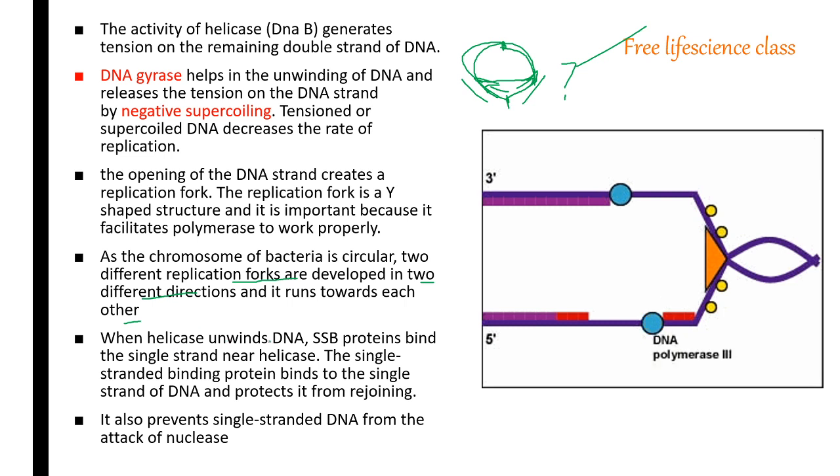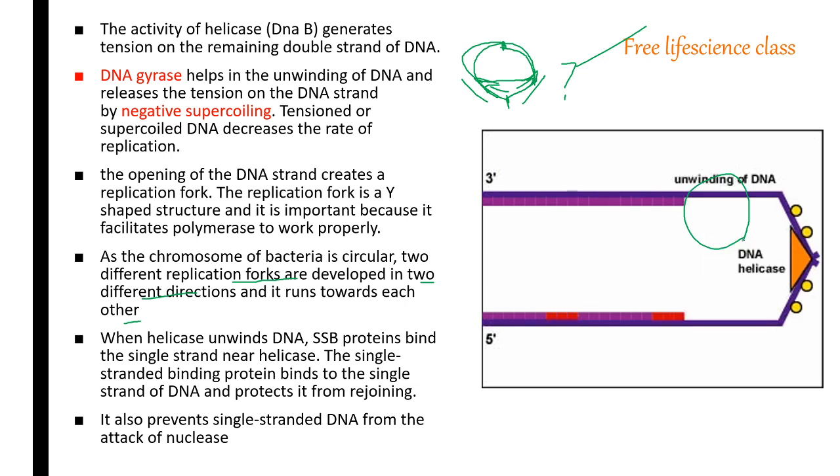When helicase unwinds DNA, there are some proteins we already discussed, called SSB, single stranded binding proteins. These proteins help to keep the DNA strands separated. They protect it from rejoining and also prevent single stranded DNA from attack by nucleases.